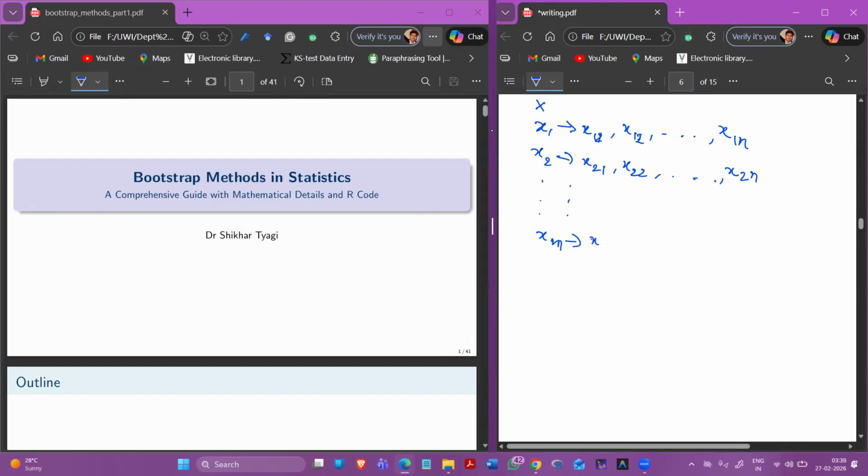Here xm1, xm2 up to xmn. That was your random observation for each random sample, right?